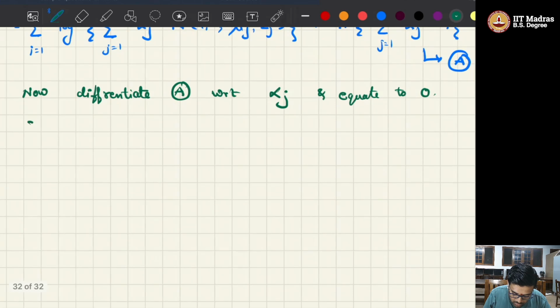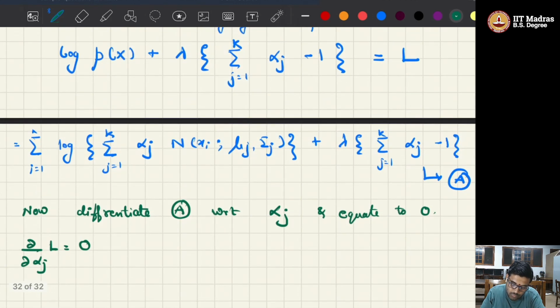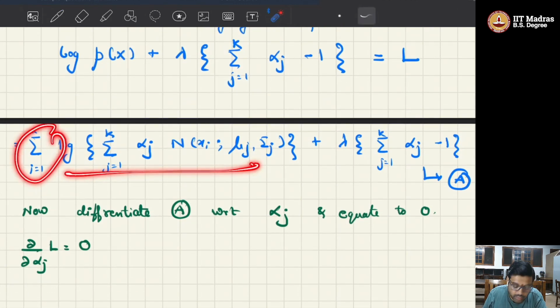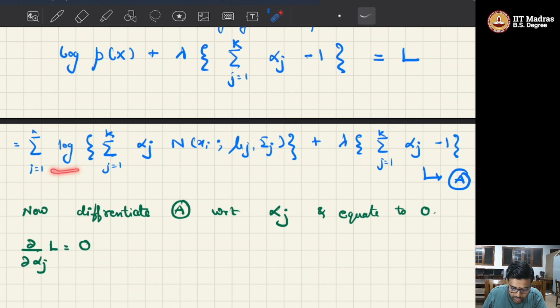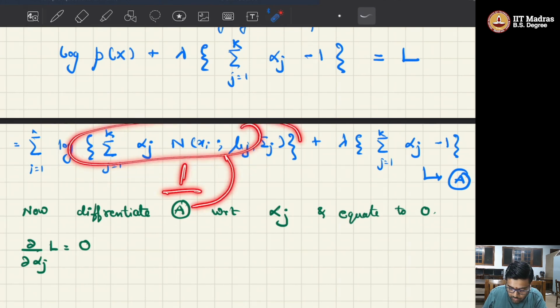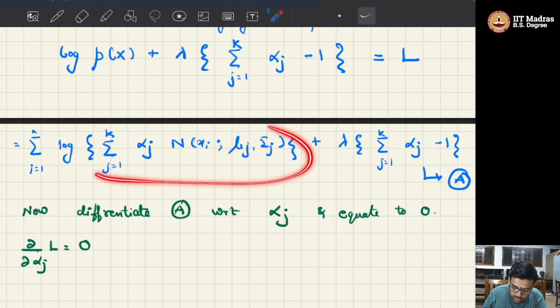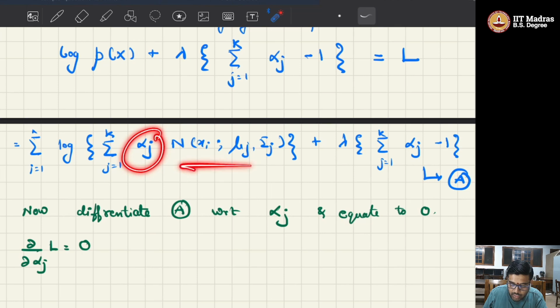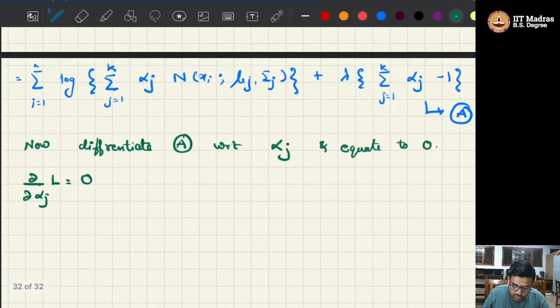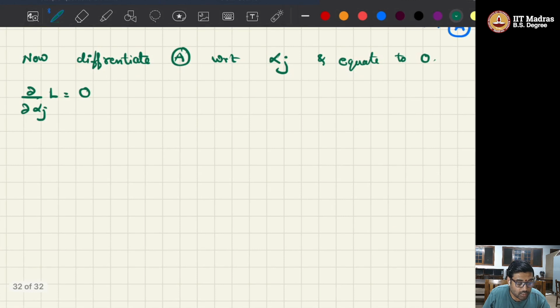So now you want to take the derivative of this. There is a summation inside. The derivative of log of something is 1 over that specific quantity, and then the derivative of that quantity. I'm assuming that you are comfortable with the rules of differentiation.